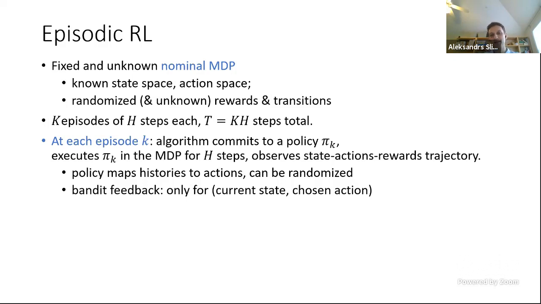The algorithm commits to a policy and executes this policy in the MDP for H steps and observes the trajectory of state-action-reward triples. Policies generally map histories to actions, and could be randomized. We assume bandit feedback. In other words, the algorithm does not observe what would have happened if we were in a different state or if the algorithm chose a different action. So that's the standard model.